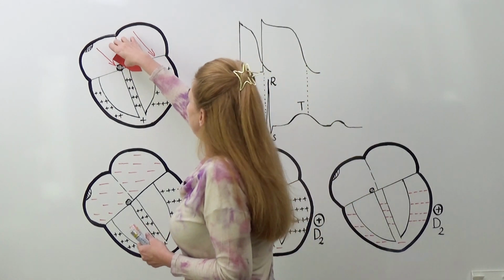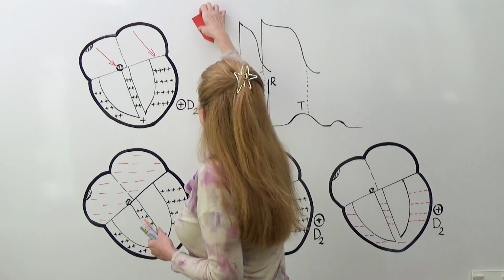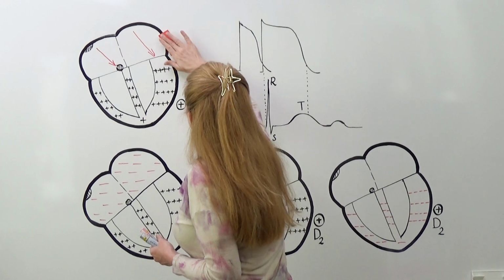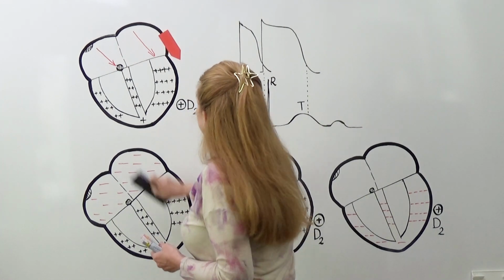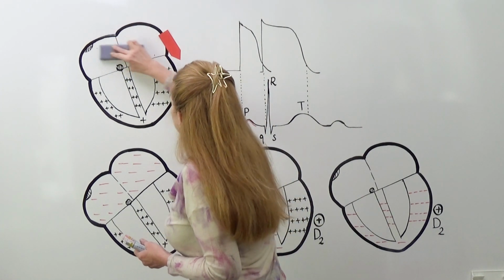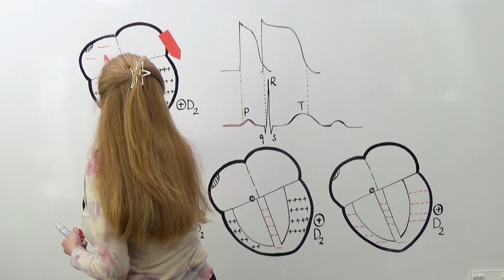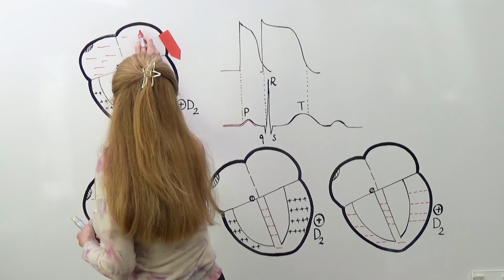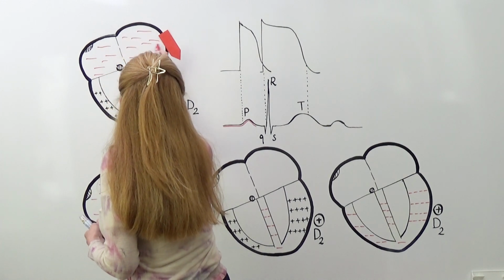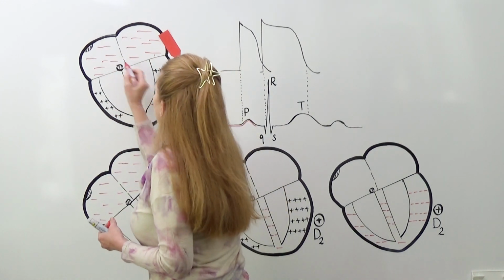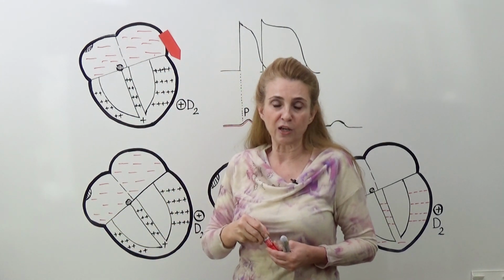When all of the atria depolarize, let's move our P vector aside. When all the atrial muscles are depolarized, the outer surfaces of all of the cells in the right and left atria are going to be negatively charged.